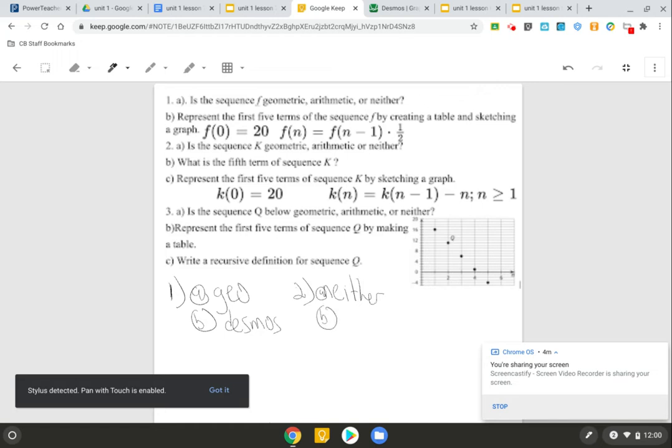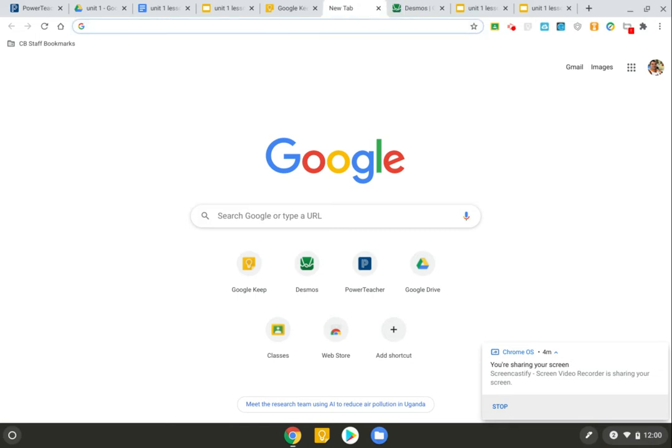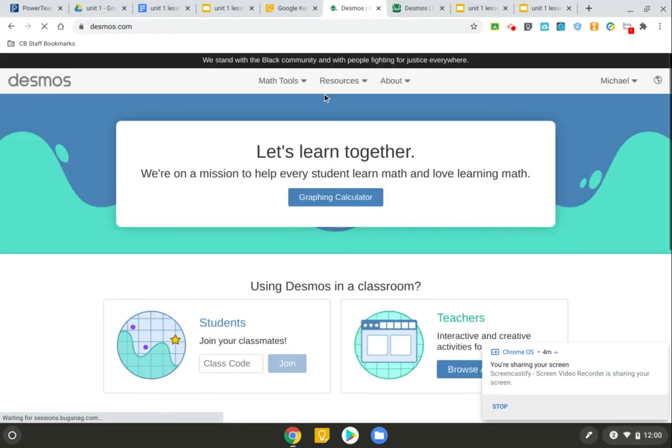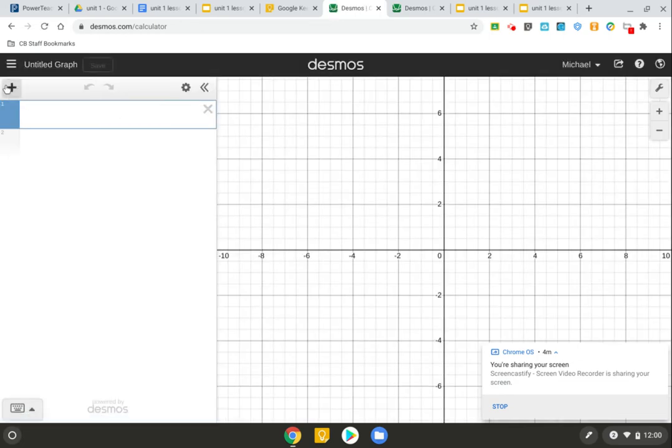Part B, what is the fifth term of sequence K? To do that, I am once again going to use Desmos, and I'm going to help myself by creating a table.